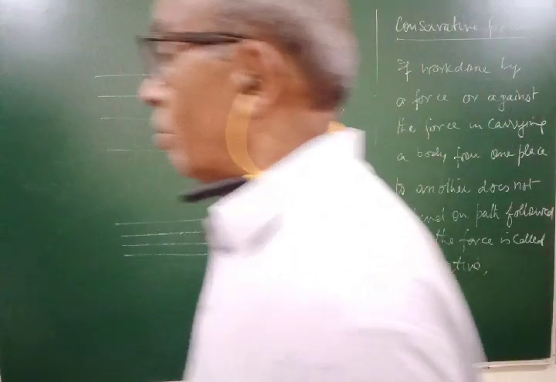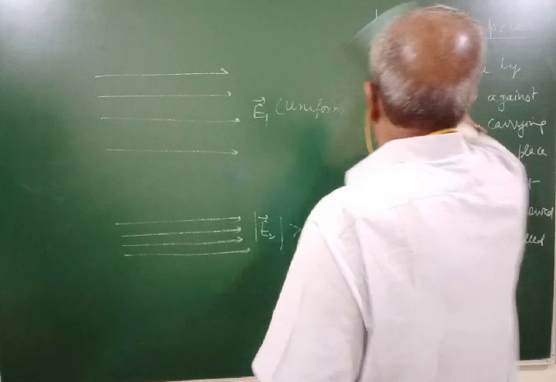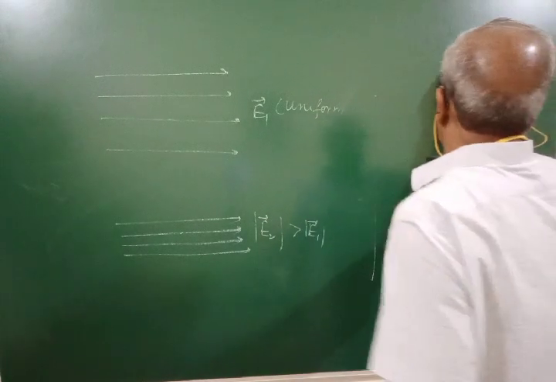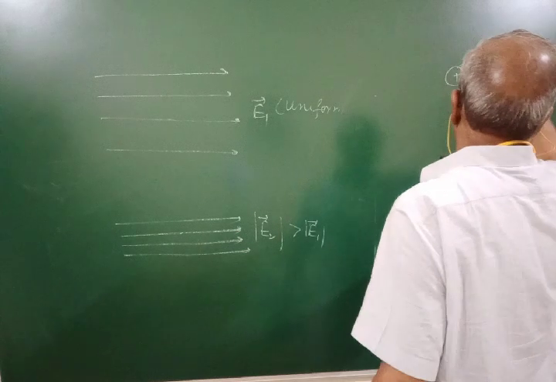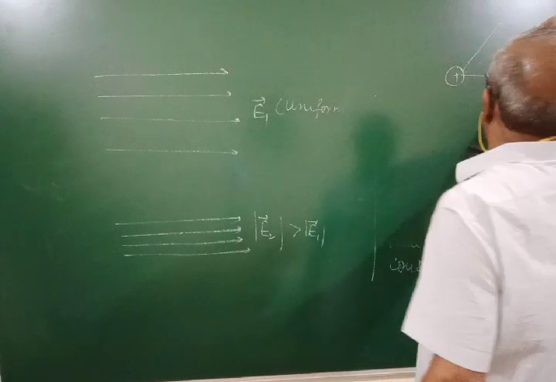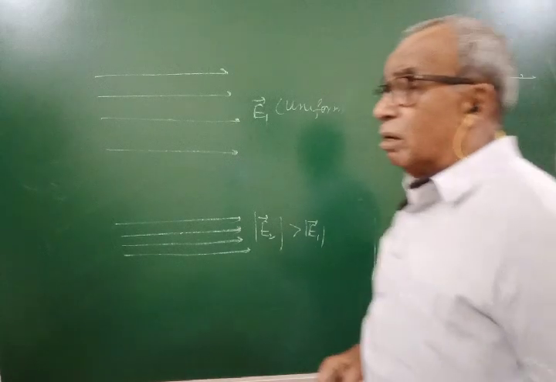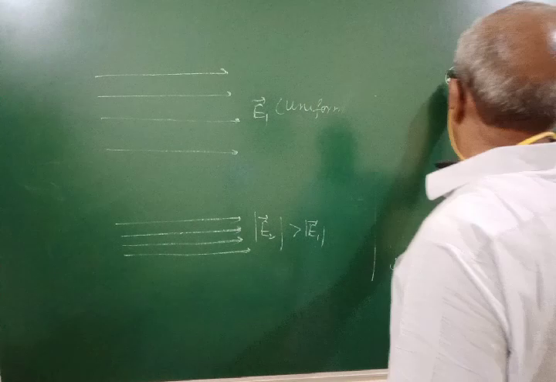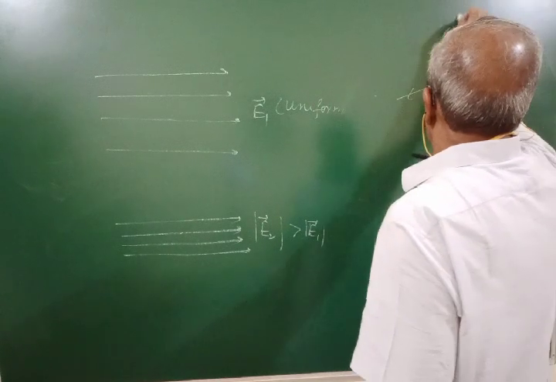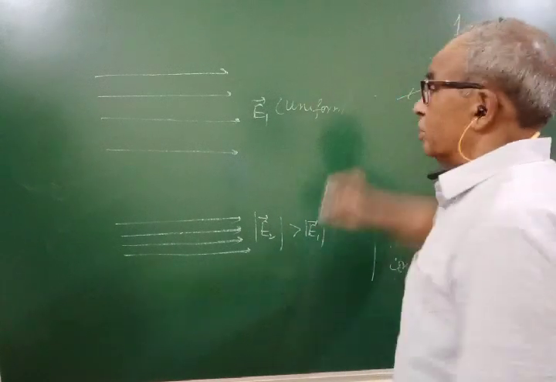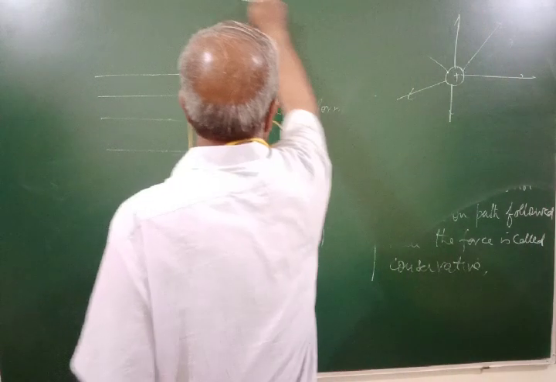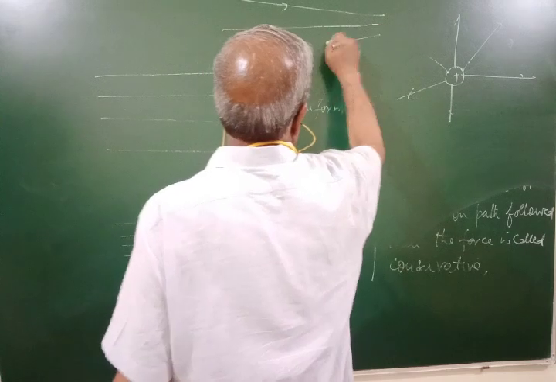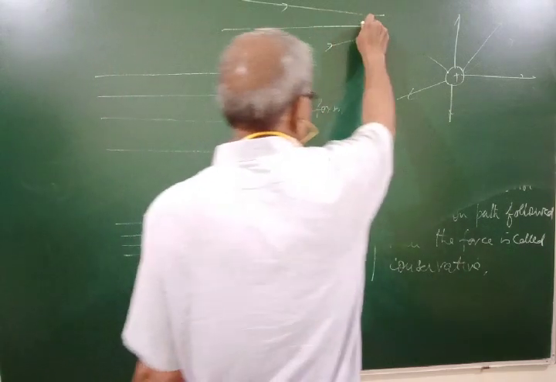And you know, for the field due to a positive point charge, the field lines keep going away from each other. So as we go away, the distance between the lines increases, meaning the field is decreasing. The farther the field lines, the weaker the field; the closer the field lines, the stronger the field. If the field lines are like this, with the distance decreasing, it means the field is weaker here and stronger here.